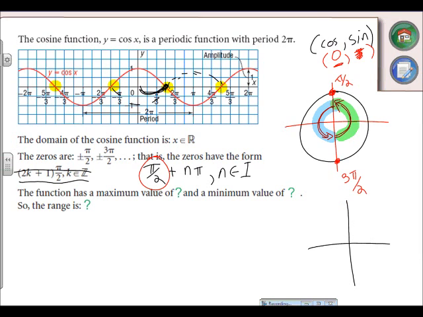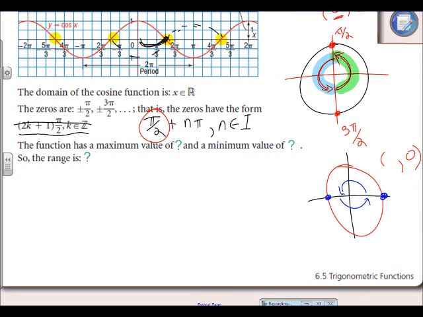Same thing could have been done when we talked about sine, just on the other page there. The sine value is the y-coordinate, and we're looking where the y-coordinate is equal to 0, and that's going to happen at 0, and then pi, and then 2 pi.